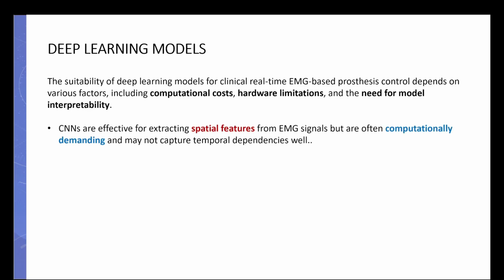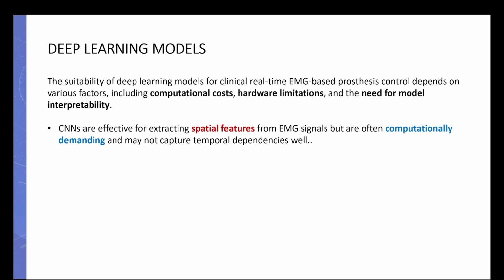CNNs, as you may know, are very suitable for extracting the spatial features of the EMG, or let's say the features that describe the relationship between the muscles when a certain movement is done. Keep in mind that when you are implementing a certain hand movement, it's about the co-activation of the different muscles rather than the individual activation of individual muscles.